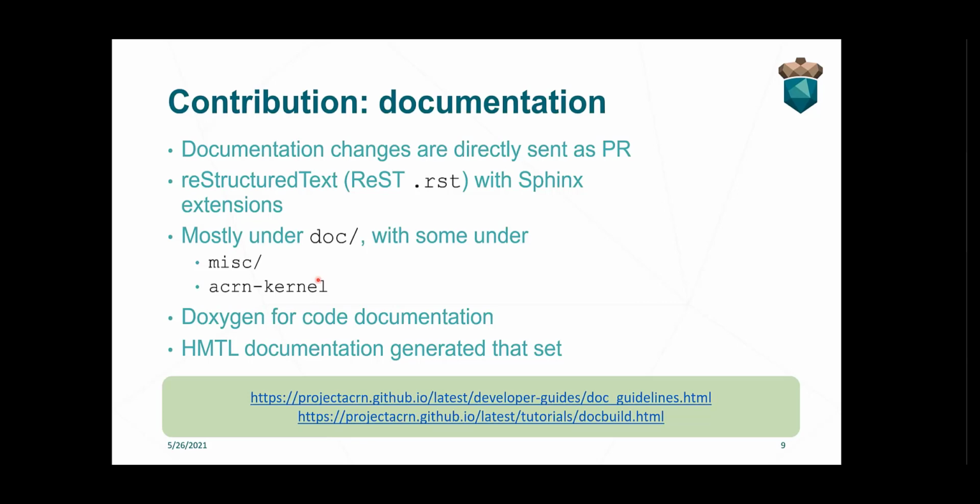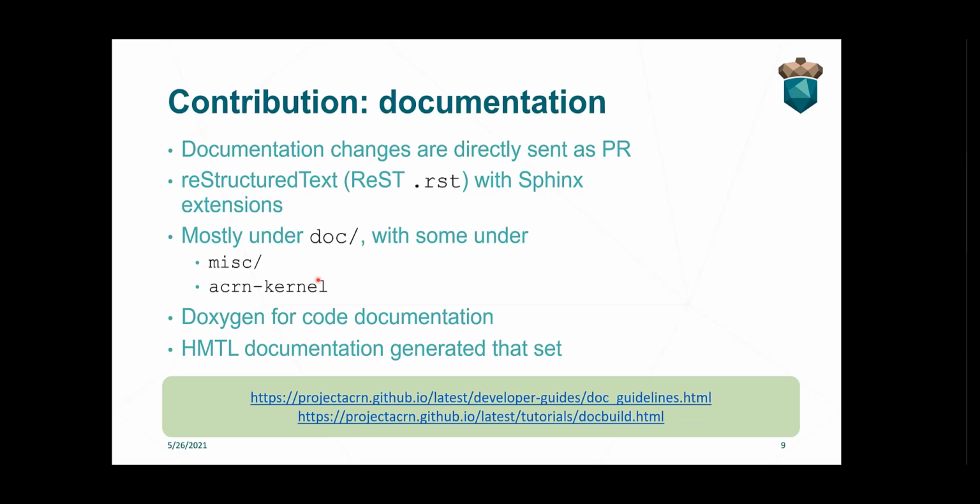So you need to have a structure where you have Acorn hypervisor and Acorn kernel on the same level. And when running make doc, it will go and fetch whatever it needs from the Acorn kernel folder as well. So be aware of that. It's usually something that people forget about, and so they get documentation errors when they try to build it.